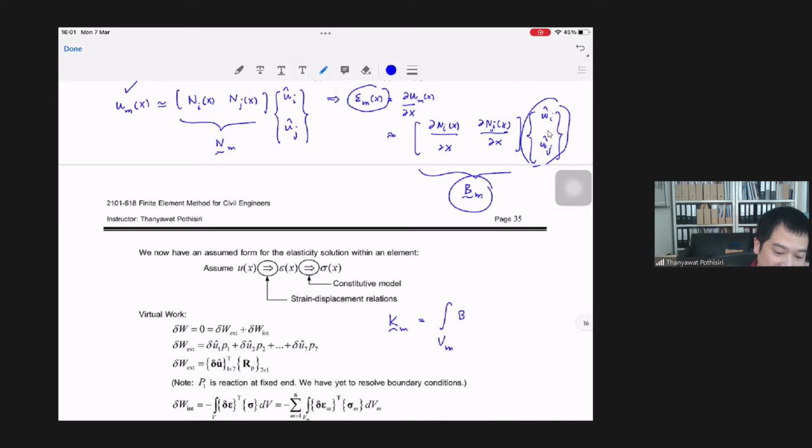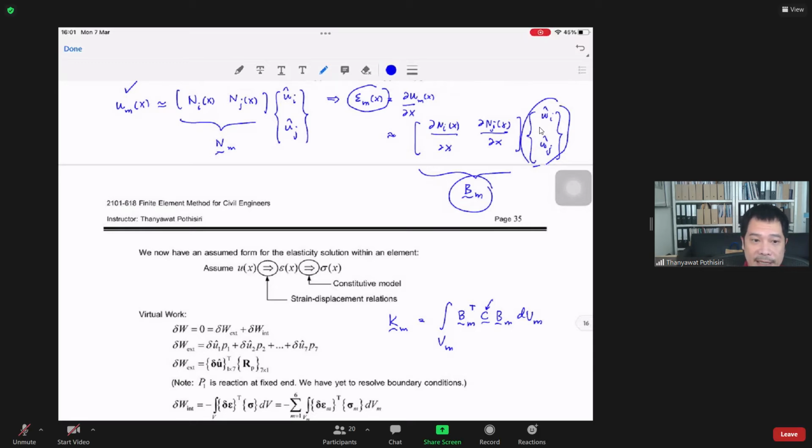So I have B transpose times C times B. And again, this C matrix essentially is the constitutive relation between stress and strain.